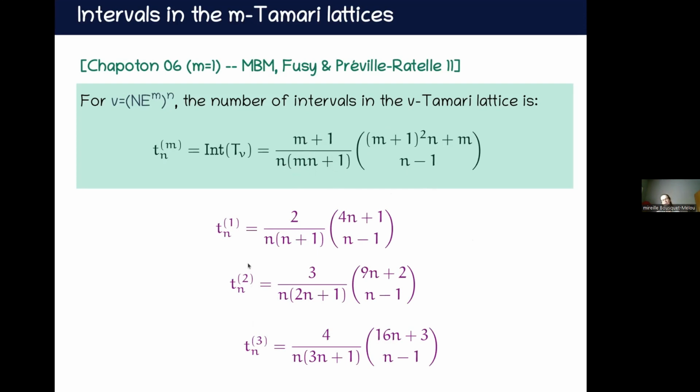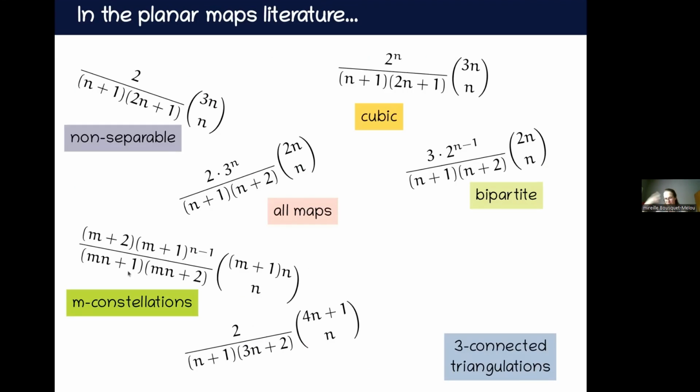Now, if you've ever seen or played a bit with planar map counting, you will know that the map literature is just full of formulae that look like this one. So here are some formulae for counting all maps, or cubic or bipartite or whatnot.